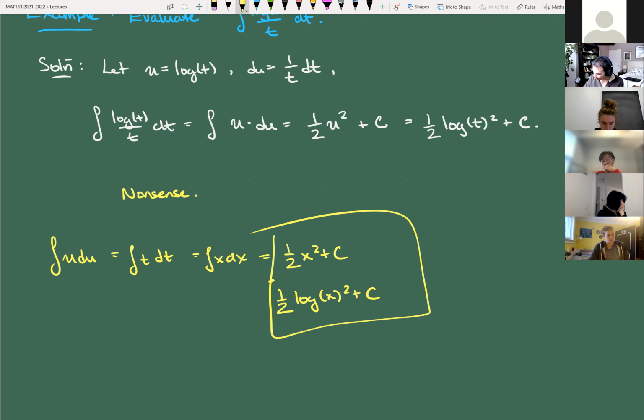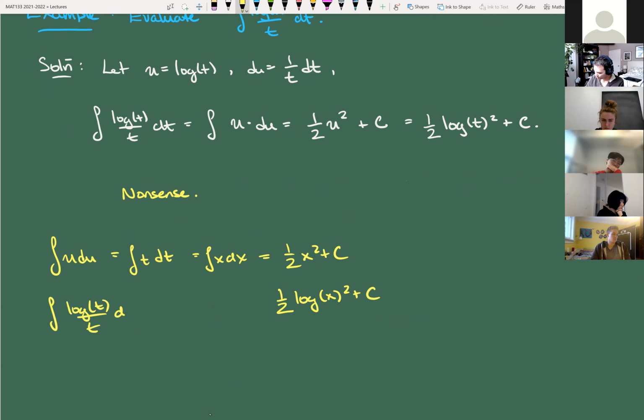But at some point I've written down that these two things are equal, right? It doesn't matter what variable I use. I can write whatever variable I want in here. A function is a function, right? A function doesn't care what variable you call it.